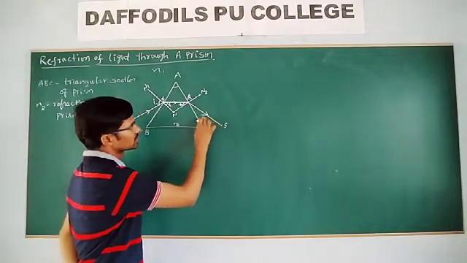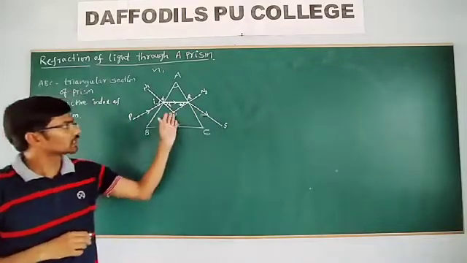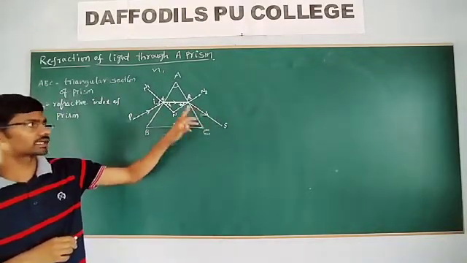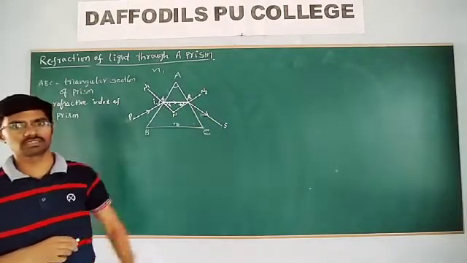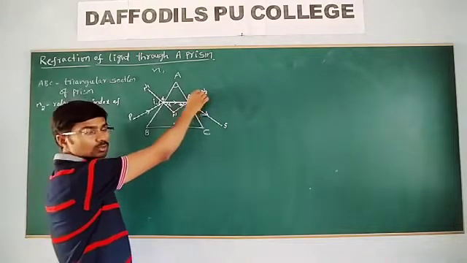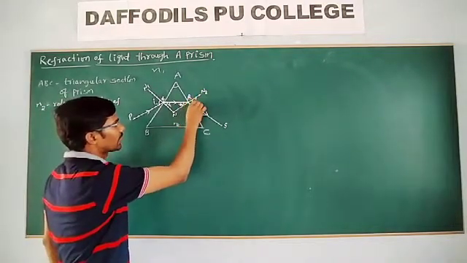Now RS is called the emergent ray, which is coming out of the prism. The angle between the normal and the emergent ray is called the angle of emergence, I2.